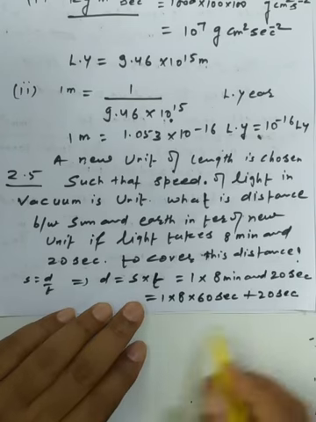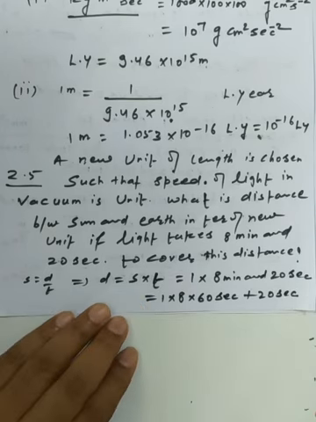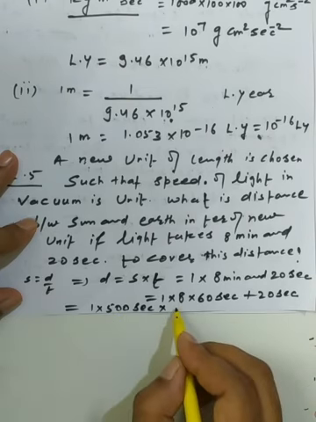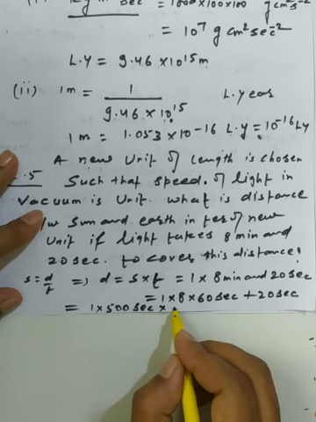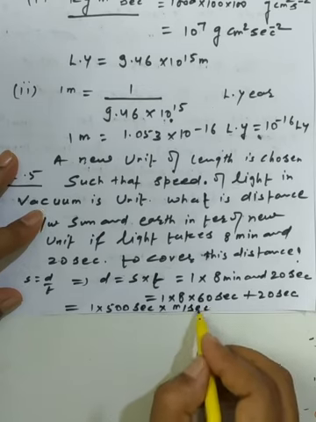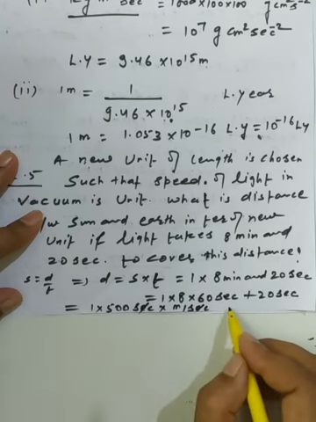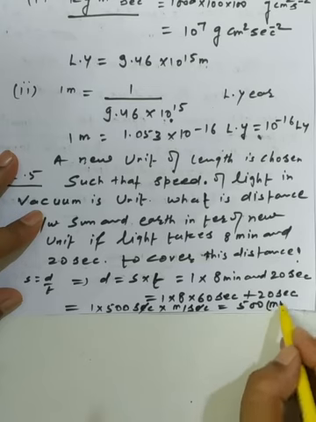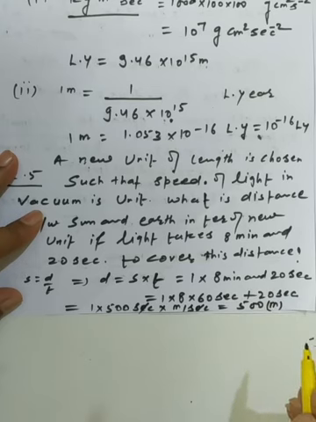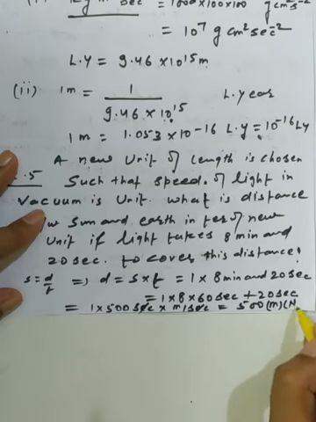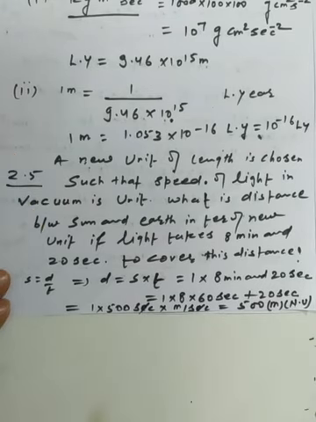So concluding all the seconds, I get 1 into 500 second into the new unit, and the new unit will be, suppose, meter per second. So we cancel out the unit second with second, and we get near about 500 meter. Either way, writing meter is okay. But here we have to include the fact that the new unit of the system will be given to us. So these are the simplest problems we have.